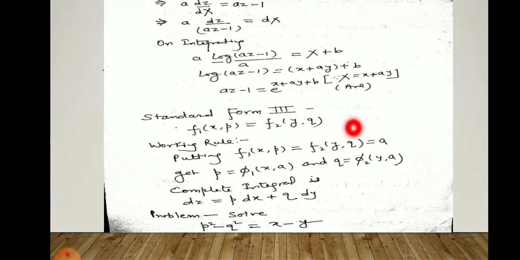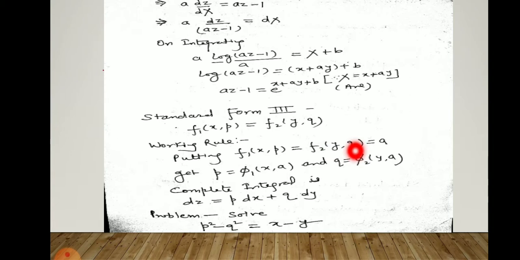So clearly, standard form third is of the form f1(x, p) equal to f2(y, q). So here we put f1(x, p) equal to a and f2(y, q) equal to a.